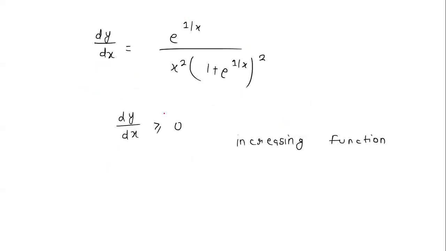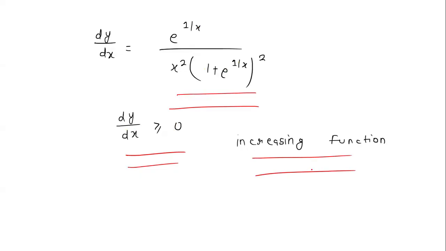So you will get this expression, and the terms in this expression are all greater than or equal to 0. So we can say that this dy by dx is always greater than or equal to 0, and this is an increasing function. So we can say that our function f of x is an increasing function.